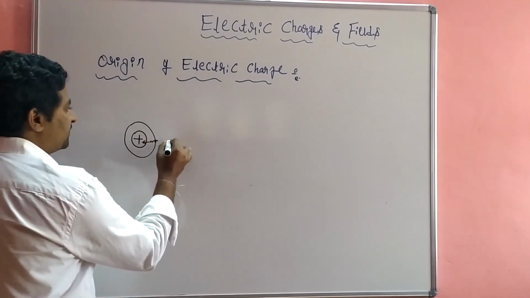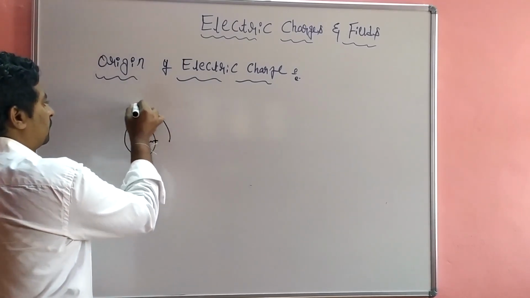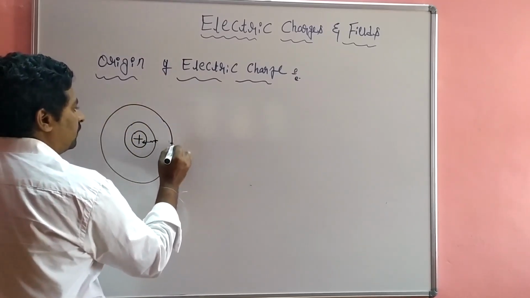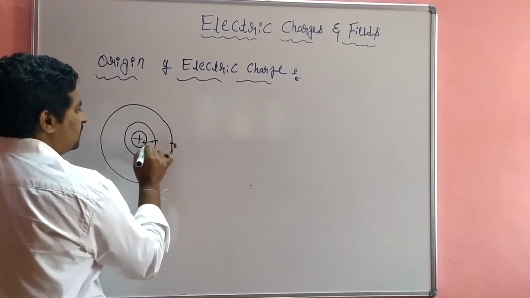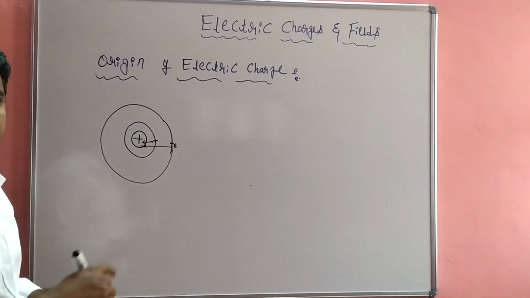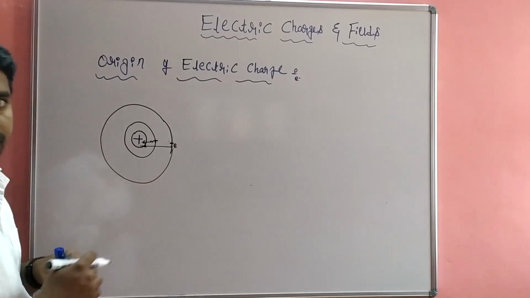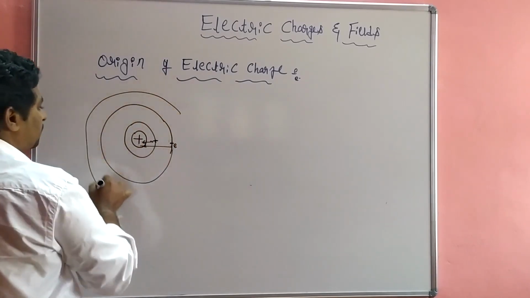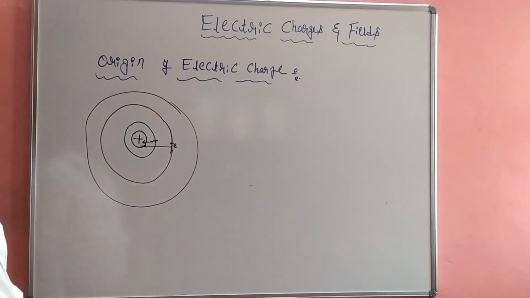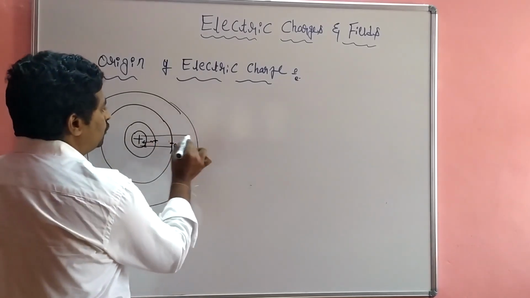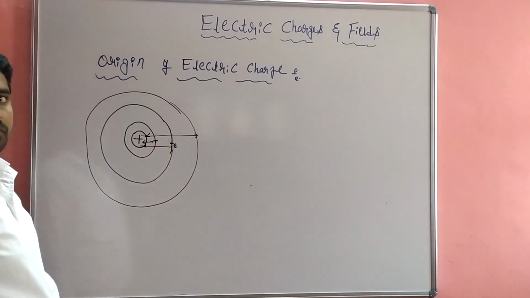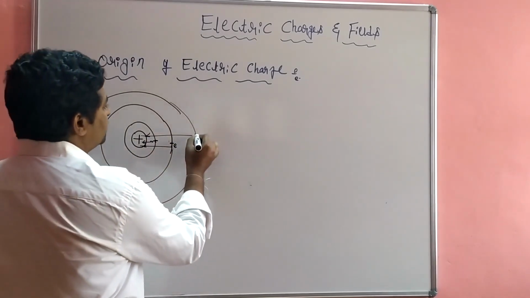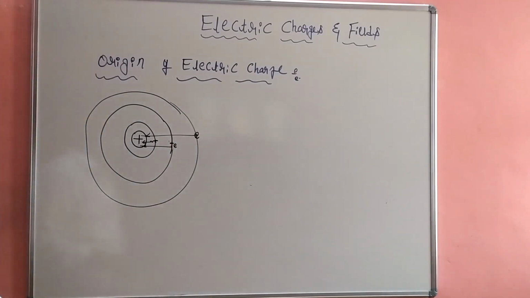Then you go to the second orbit. The distance is longer, so the force of attraction is a little smaller. Let's go to the third orbit. The distance is too long compared to the first and second orbits, so the force of attraction is very negligible.